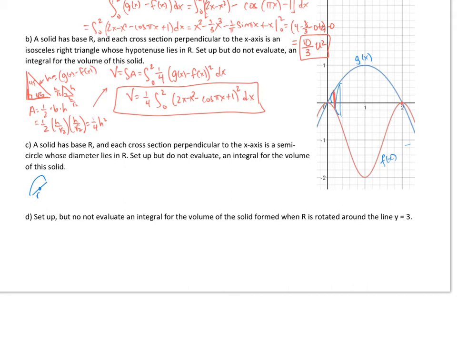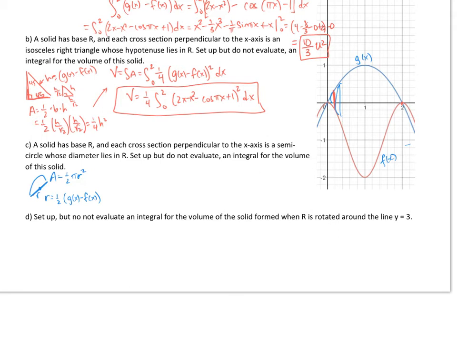So since these are the ones coming out at you, that's what I'm going to take a look at. And in this case, I know that the area of a semicircle is 1/2 pi r squared. Well, this radius is not quite the whole g of x minus f of x. It's half of that. So the radius is 1/2 of the g of x minus the f of x.